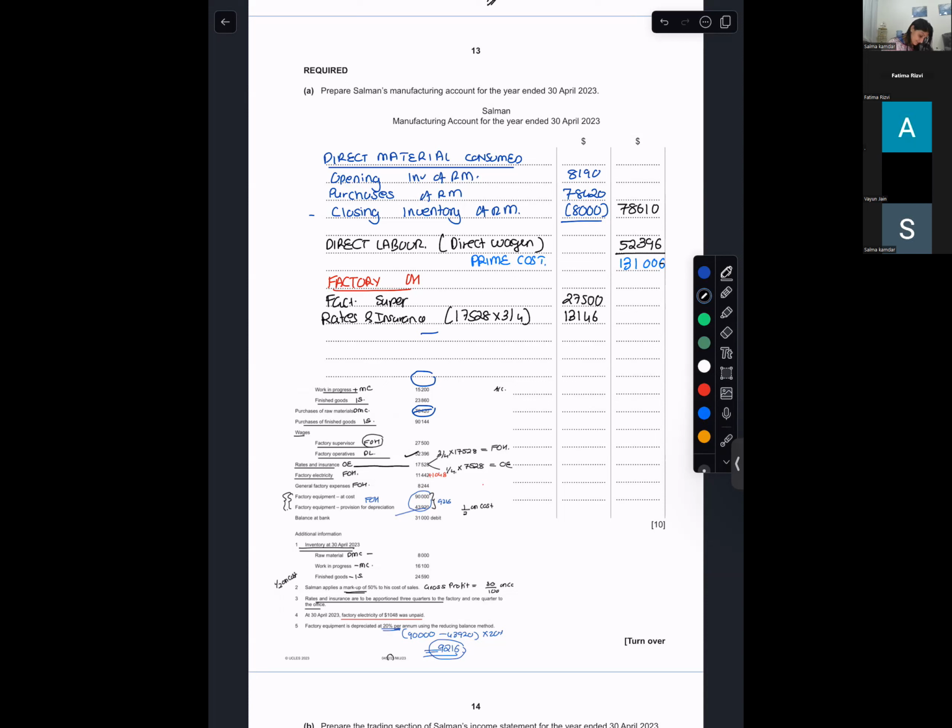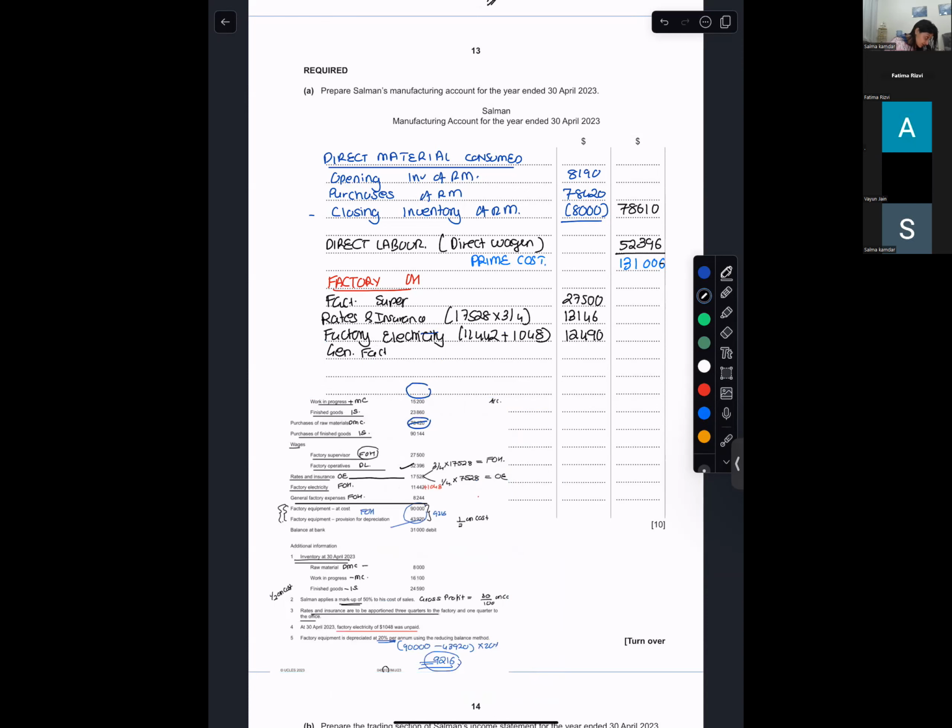After that, factory electricity, how much? 11,442 plus 1,048, which is 12,490. Then general factory expenses, 8,244.